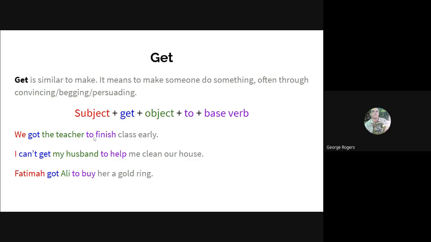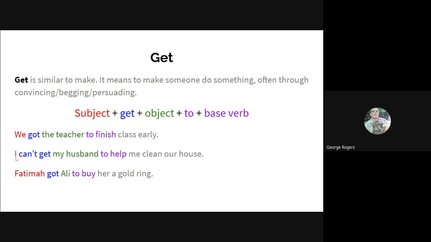We got the teacher to finish class early. So again, maybe the students begged. Please, we really want to get out early today. Please, please, please. The teacher gave in.